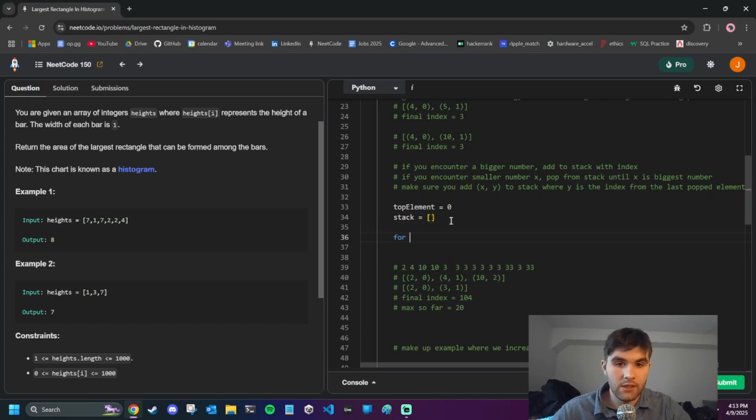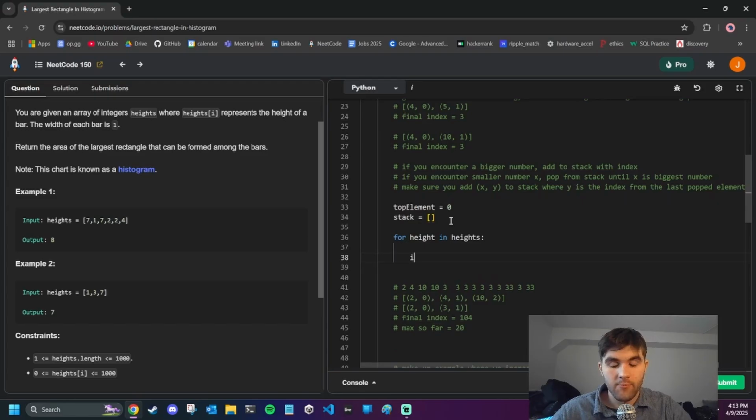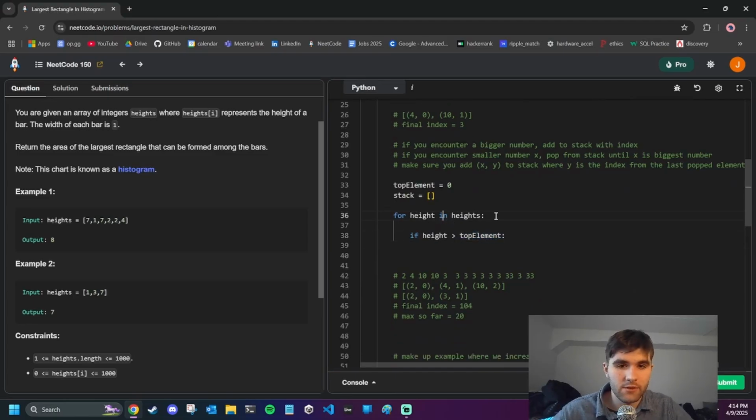And then for height in heights, if height is greater than top element, all right, let's enumerate this because we want the index value.